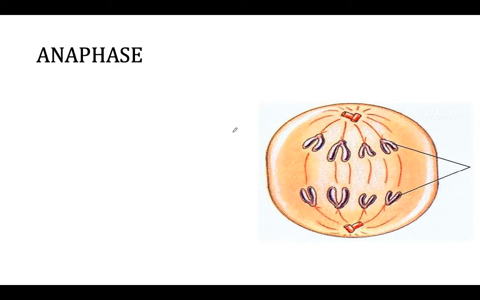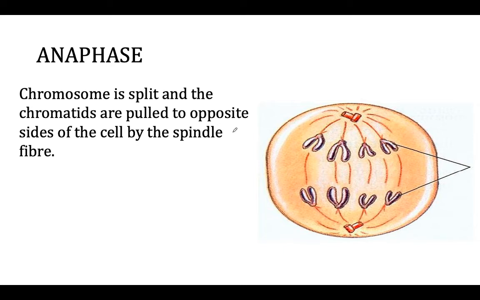Moving on to our third part of mitosis, which is anaphase. In anaphase, the chromosomes are split and those chromatids move to opposite sides of the cell. So where we had our line here in metaphase, all those chromosomes used to be lined up there. But now they're being pulled by our spindle fibers, which are our lines here.